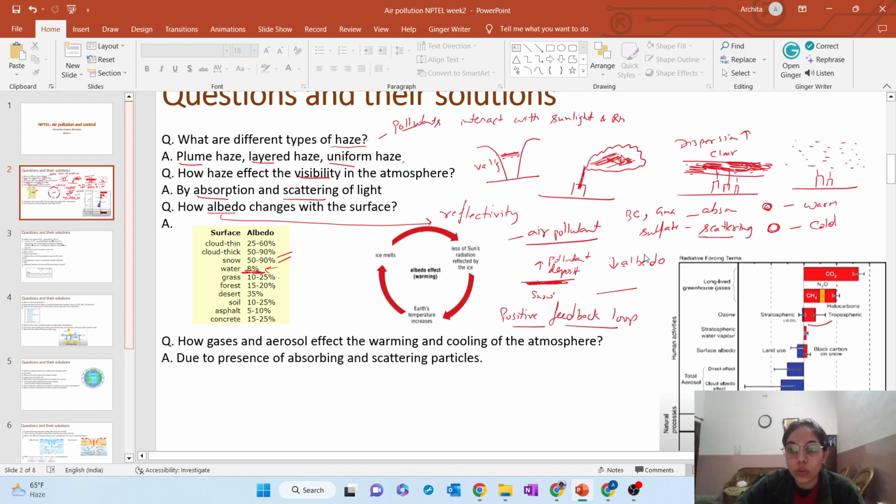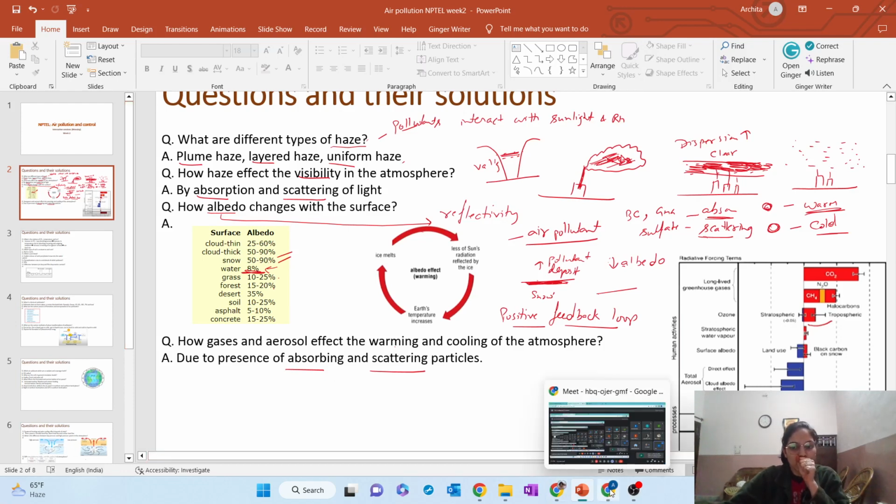So those aerosols or particles which scatter light lead to cooling of the atmosphere, and those particles which absorb light lead to warming of the atmosphere. So the absorbing and the scattering particles are the reason that something is warm or cool.